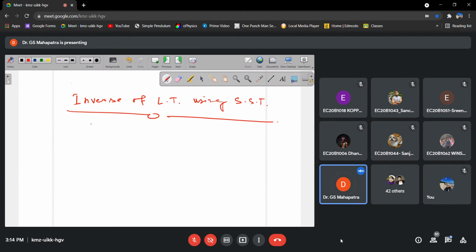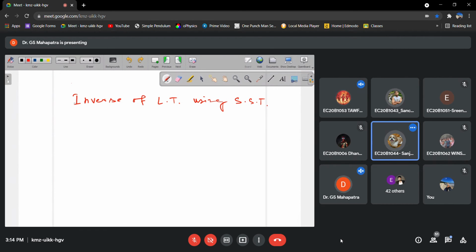So inverse of Laplace transform using, what is SST? Second shifting theorem, good. That theorem you already know, so once again I am writing it here for note.